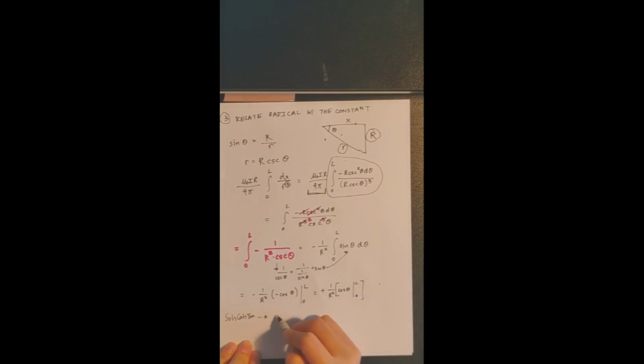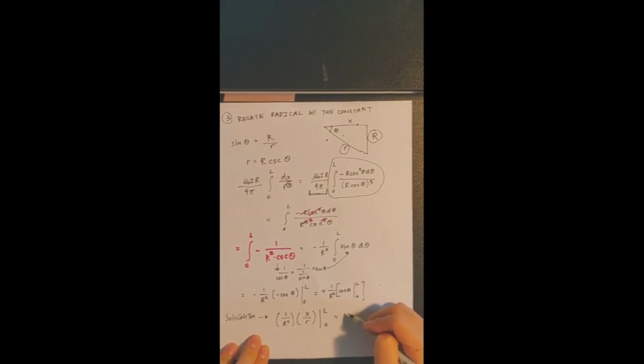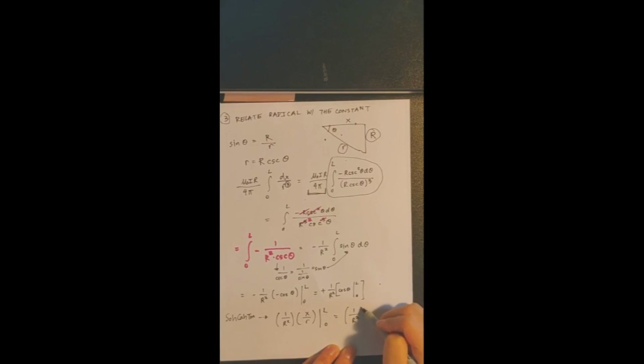So we can actually write this as 1 over R squared times x over r from 0 to L, which will just give us 1 over R squared times x over square root x squared plus R squared.